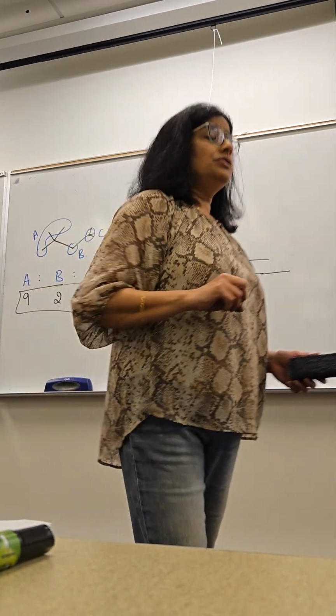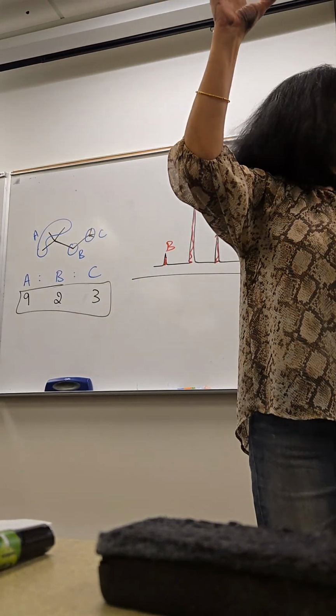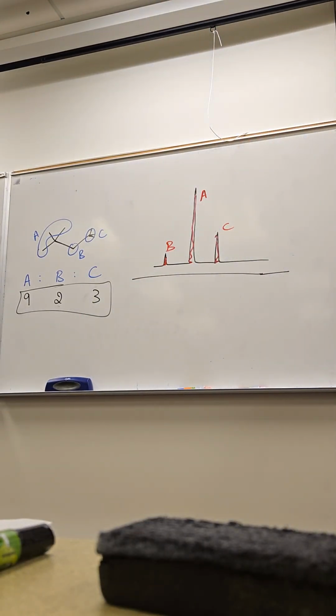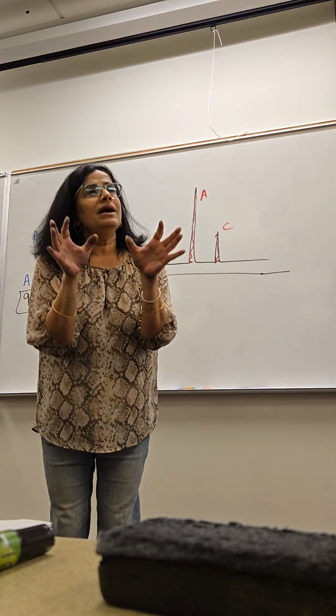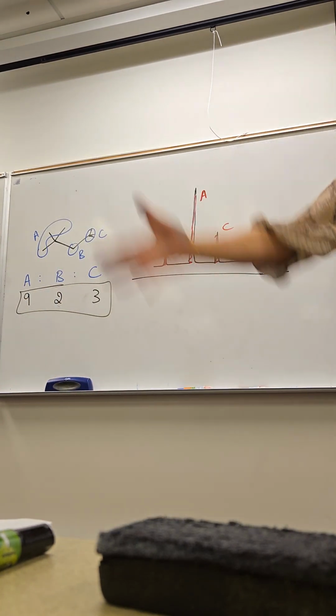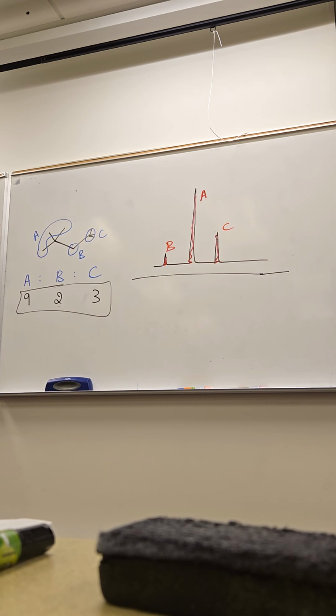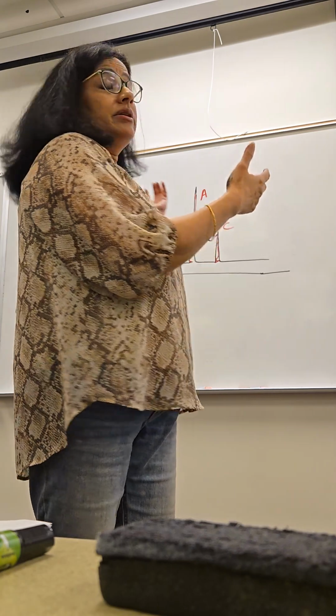NMR can be 2-dimensional, where you correlate specific hydrogens to specific carbons or oxygens, and you can do really cool things with it. Can you imagine, we as in the bigger we, can figure out the structure of a protein with millions of amino acids using NMR.